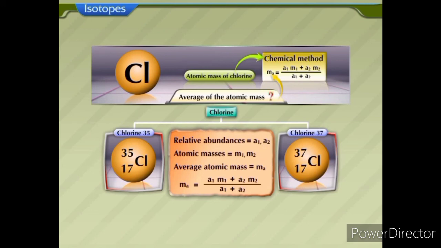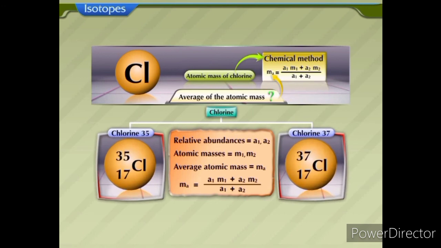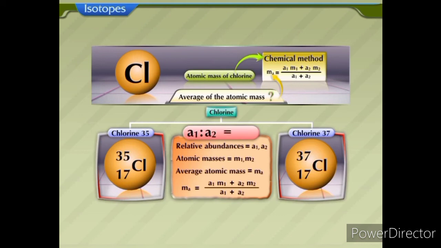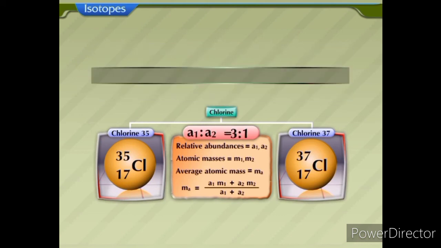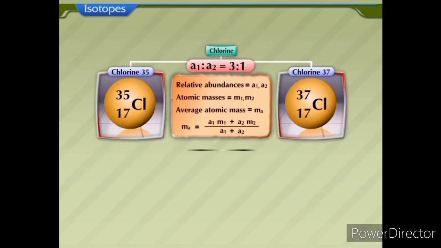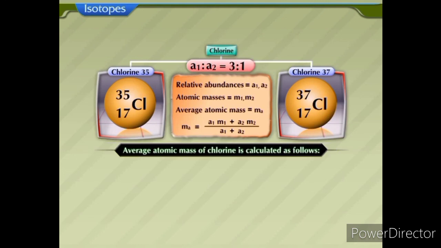We have already discussed that chlorine has two isotopes, chlorine 35 and chlorine 37, with the relative abundances in the ratio of 3:1. The average atomic mass of chlorine is calculated as follows.